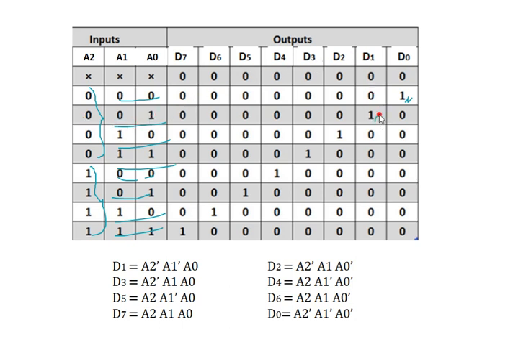Again 1 0 0 means 4, so I am placing 1 here and the remaining are zeros. Next 1 1 0 means 6, so I am placing 1 at 6 and the remaining are all zeros. 1 1 1 means 7, so place 1 here and the remaining are zeros. This is the way to fill the truth table for a 3 to 8 decoder using two 2 to 4 decoders.